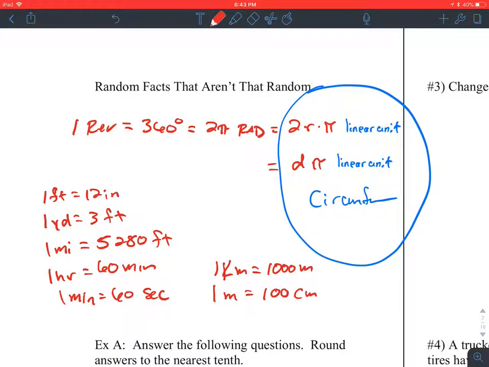These are facts that you should know. The one that I'm most concerned about you remembering is that 1 revolution is equal to the circumference.